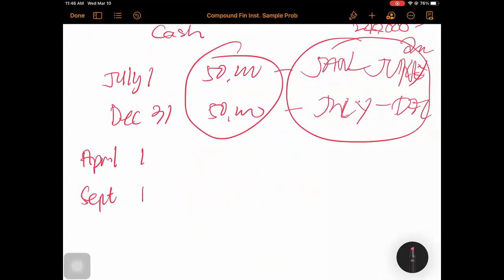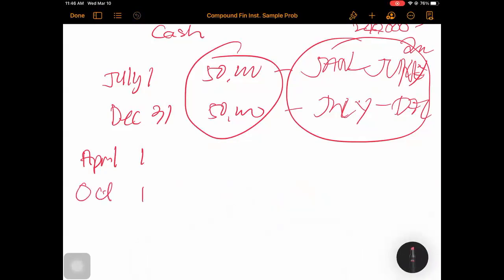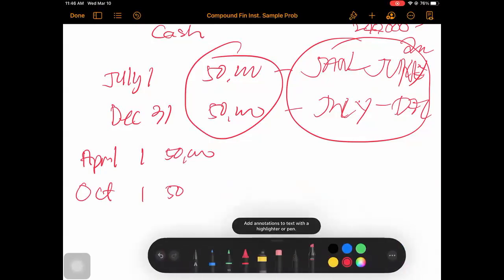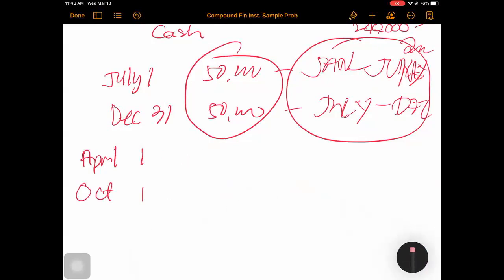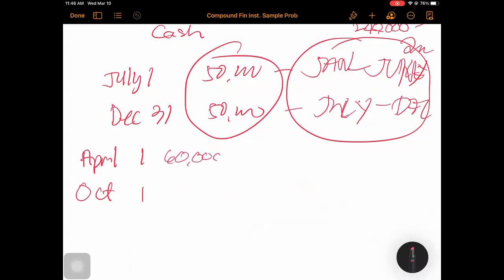Since 6 months, April, May, June, July, August, September, it should be October 1. Wrong, that's not 6 months. Okay, October 1. Let's say every 6 months, 60,000 na lang so it's easy to divide, 10,000 per month. So that's 60,000.